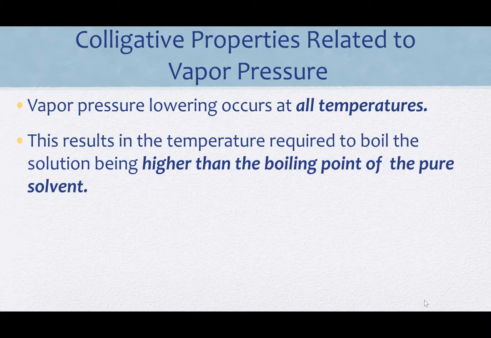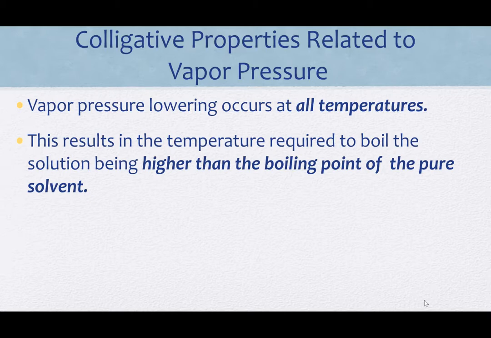So the result is that the temperature required to boil a solution is going to be higher than the boiling point of the pure solvent. Hence, boiling point elevation. For example, if we have a beaker with just pure water in it, all that's in that beaker is H2O, it will boil at 100 degrees Celsius.